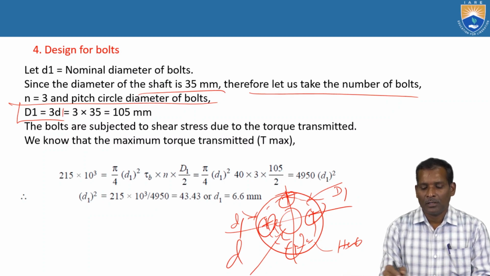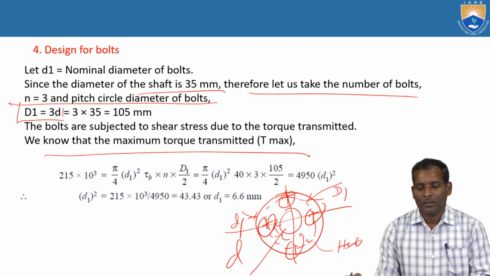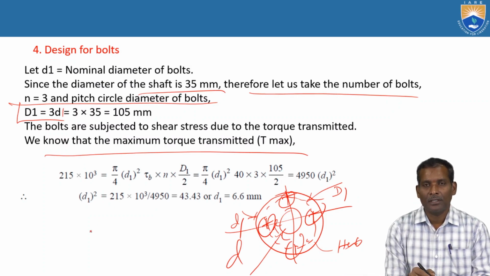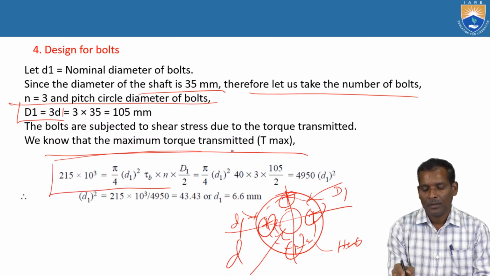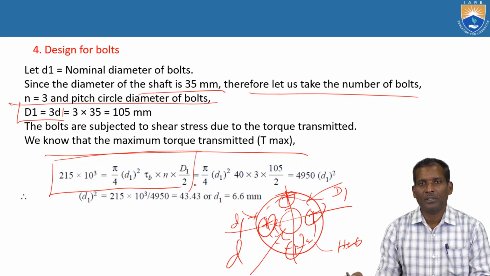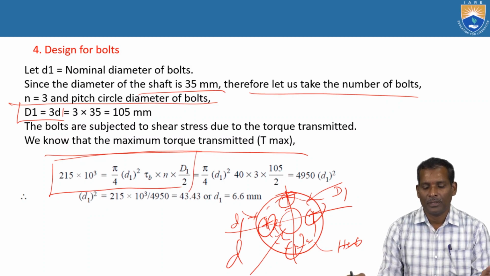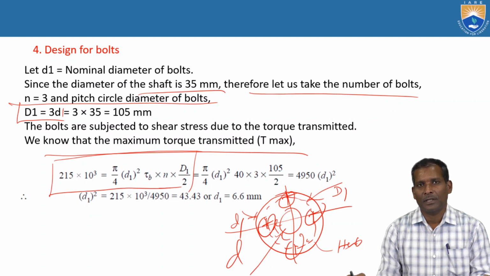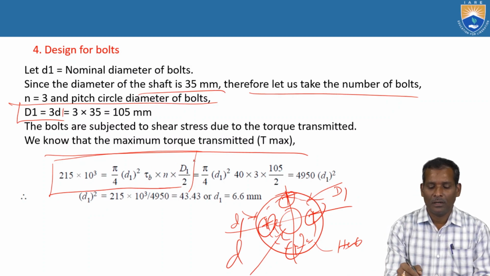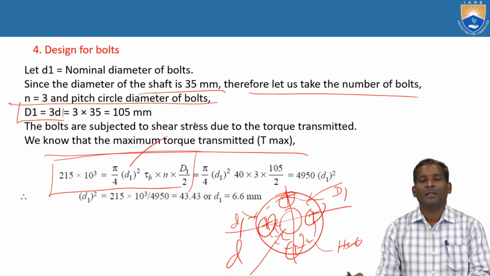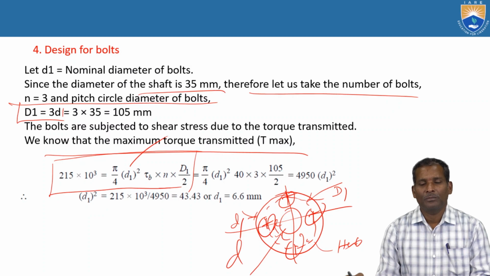We know that the torque transmitted is due to the shear stress. T is equal to 5/4 into d1 into shear stress into number of bolts multiplied by half of the pitch circle diameter. Take this equation. In this, all values are known and the only unknown is the diameter of the bolt, small d1.